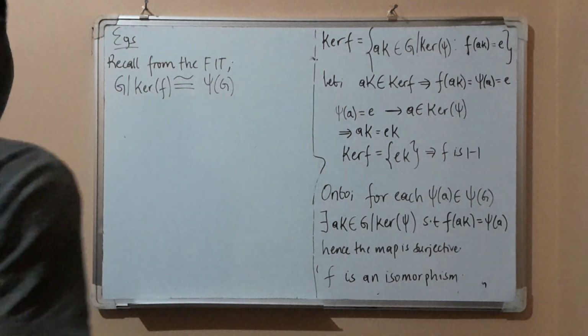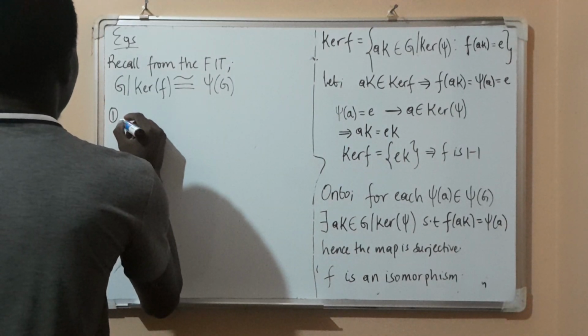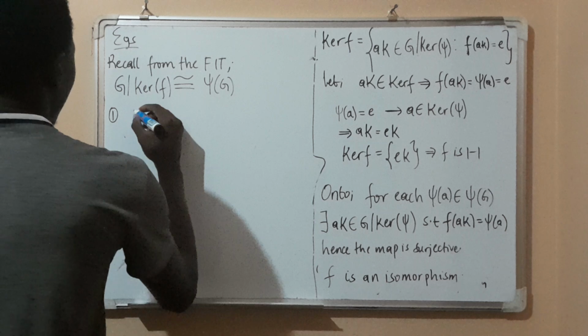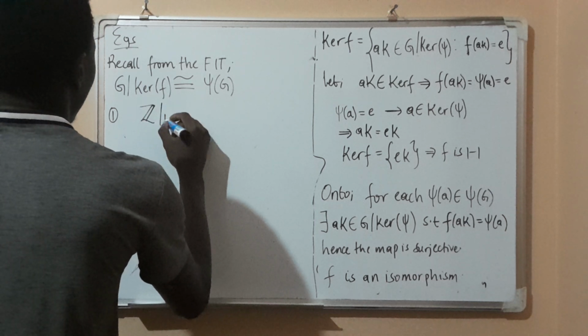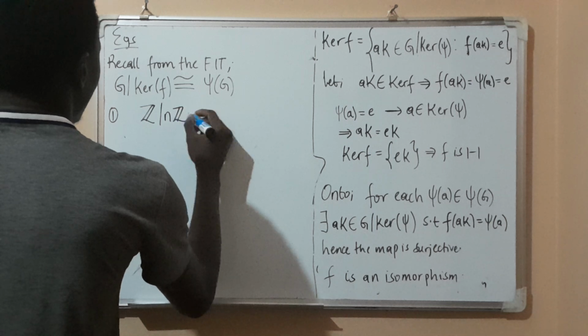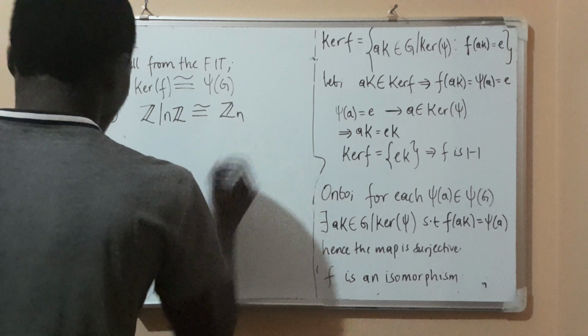So let us take some examples. We have this important example, number 1. This group here, Z factor nZ, is isomorphic to Zn.